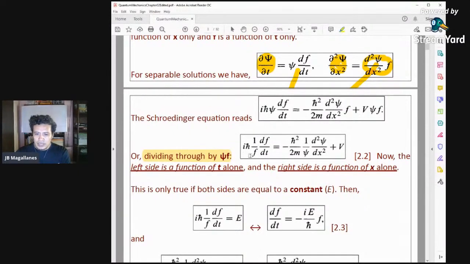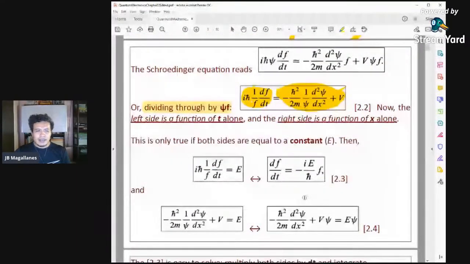So we can transform it to this equation. Now look at the left side. The left side is only a function of time. And this one here is only a function of space. A function of time and a function of space.